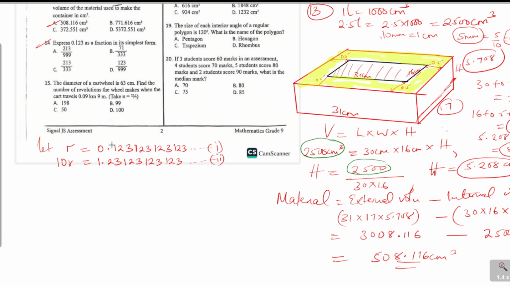When I look at the first one and this one, the decimal part still is not uniform, so we shall continue multiplying. The next is 100r, so you go 2 steps forward, and this will be 12.3.